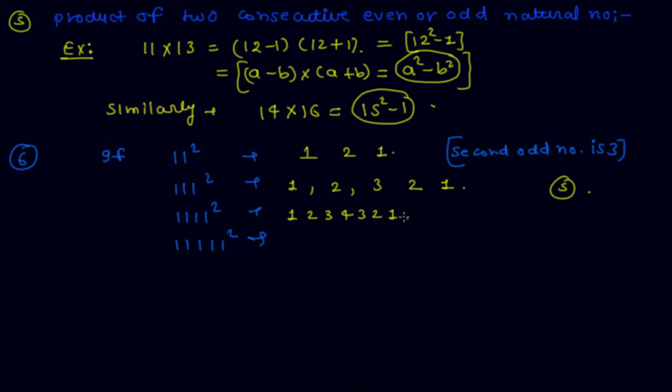This is the perfect square of 1111. Now for 11111, it is 1 2 3 4 5, then 4 3 2 1. This is the square of 11111. So this is a beautiful pattern.